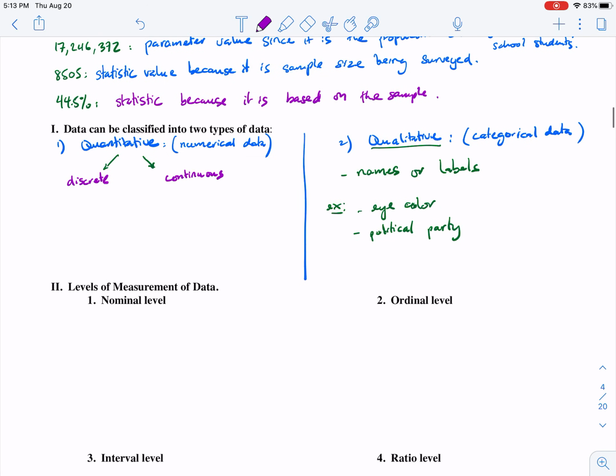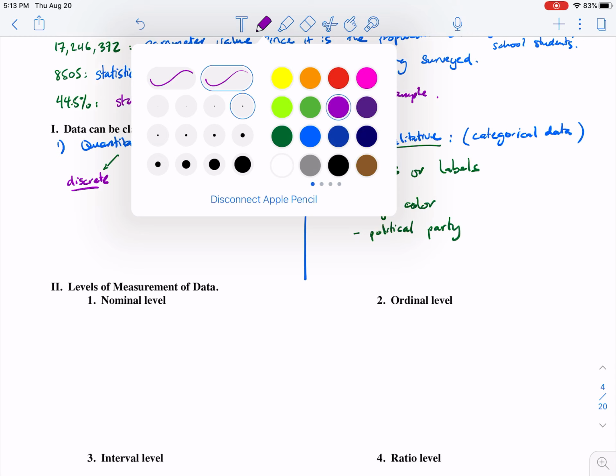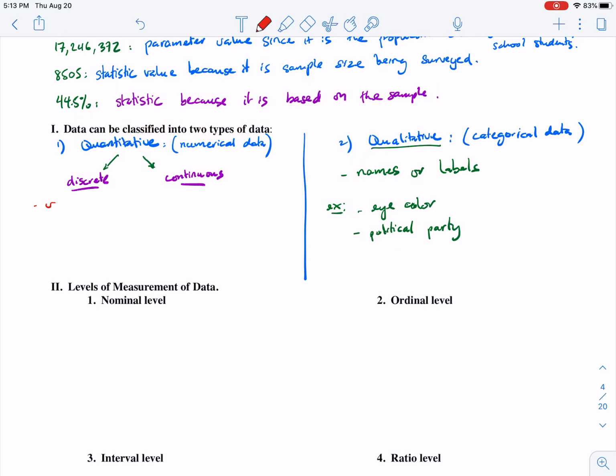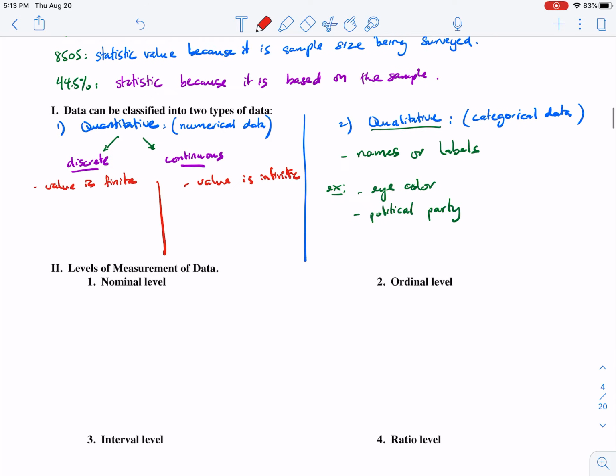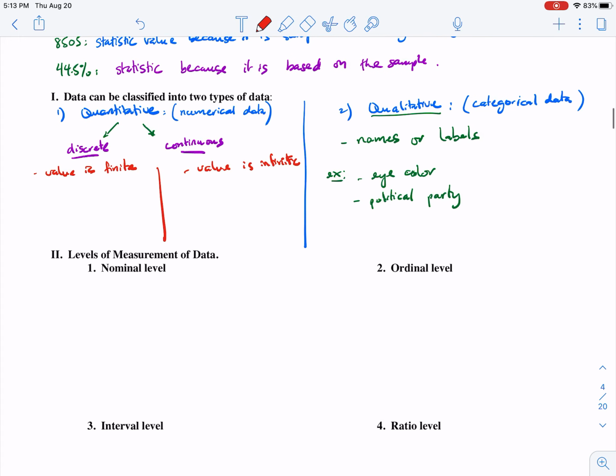If it's discrete, the values are finite, just whole numbers. And then over here we have continuous, where the values are infinite, usually decimal numbers. An example of this has to do with measurement, meaning we would have to measure to get the actual value itself.